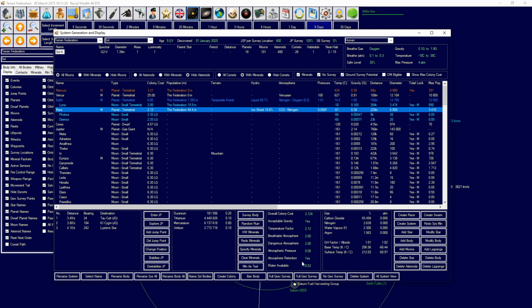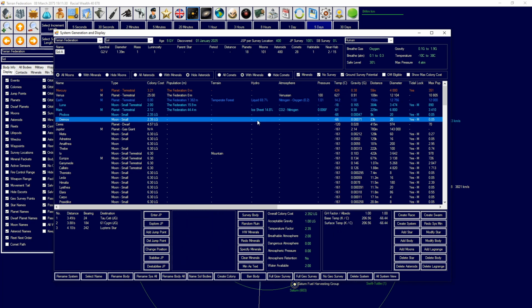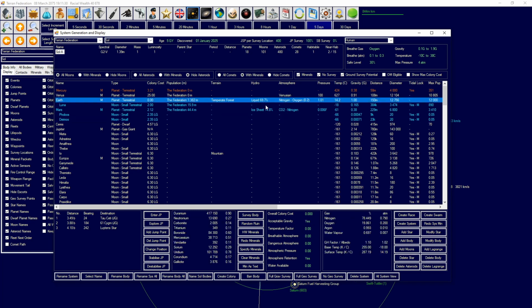So you're going to have a much harder time living on a cold desert with no water than you are going to have living on a fresh jungle world, or fresh plains, or fresh temperate forest. So, as you can see, Earth has a 69.7% liquid hydrosphere, and that means 69.7% of the planet is taken up by liquid.